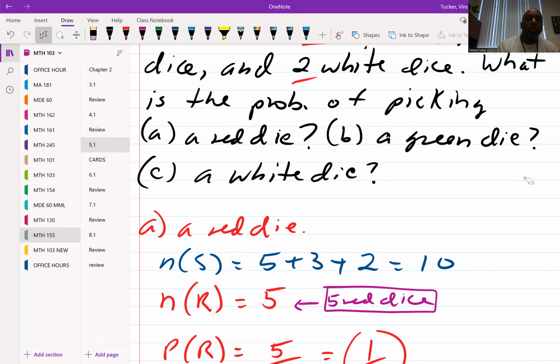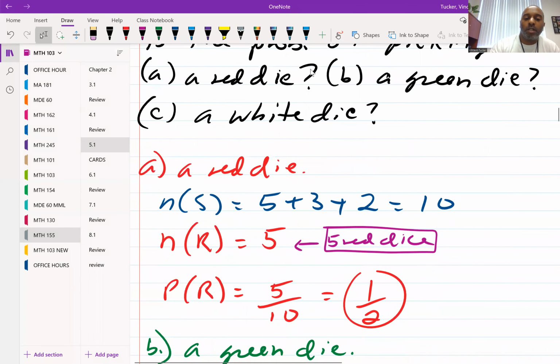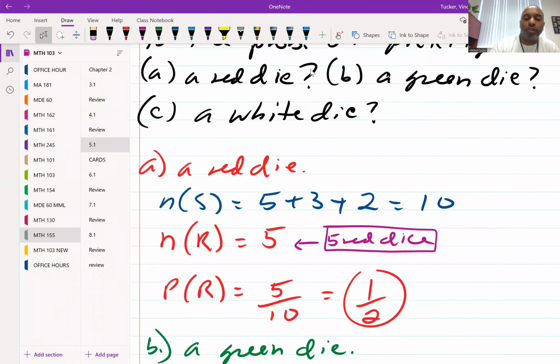Then if you're talking about a red die, we need to know how many red dice we have, and we have 5 red dice. So now that you know the number of red dice and the total number of dice, that's 5 over 10, and that'll be 1/2.